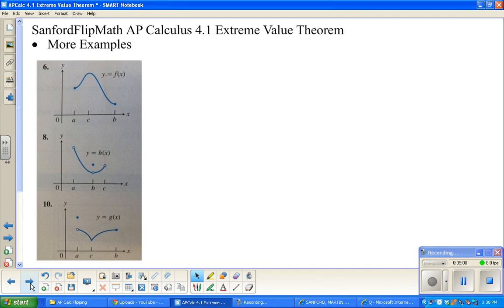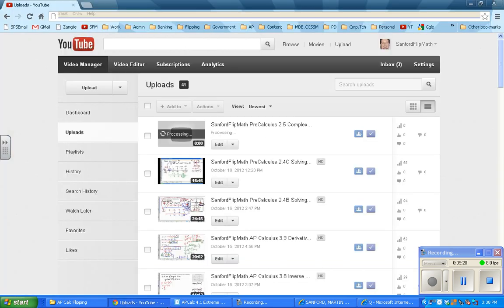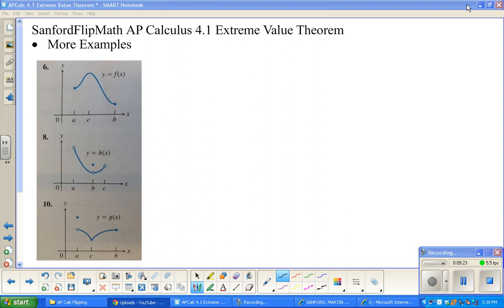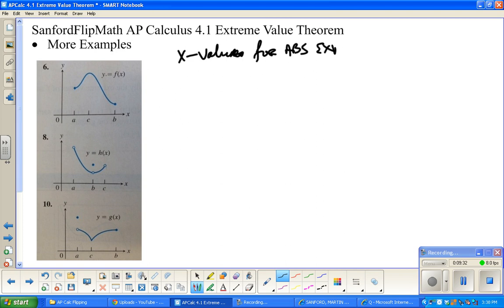Okay, so what we're going to do now is do a little bit of practice here. Now, these graphs come directly from page 194 in our calculus book, and the questions are asking us to identify each x value at which any absolute extreme value occurs. We need the x values for absolute extreme.